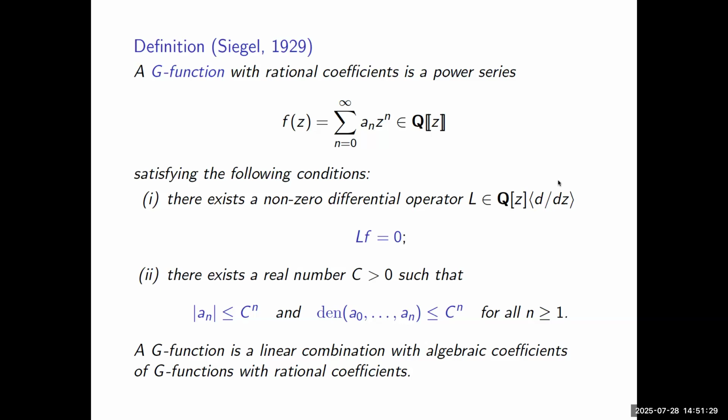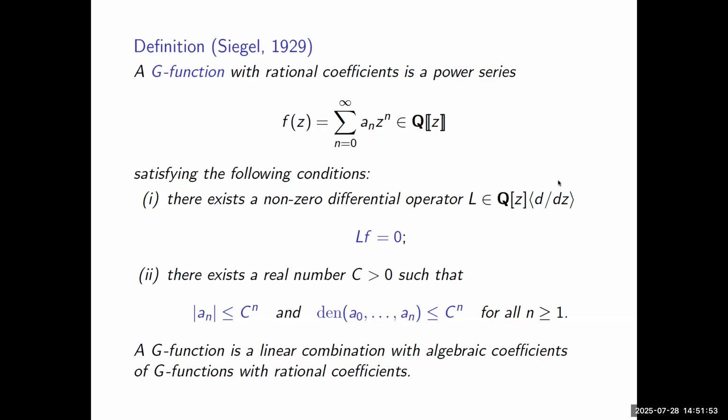So I will first define G functions with rational coefficients. So these are power series with rational coefficients. And then we ask two conditions. The first one is that these power series are solutions of differential equations. So by this, we mean linear differential equations with polynomial coefficients, and the polynomial itself have rational coefficients.